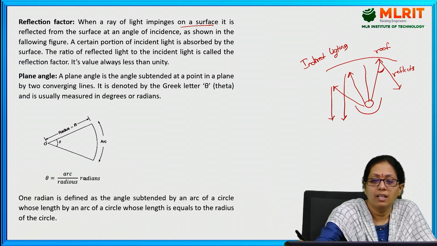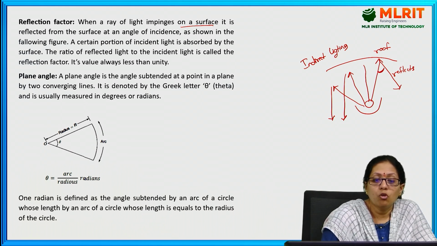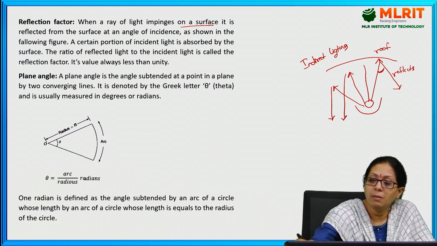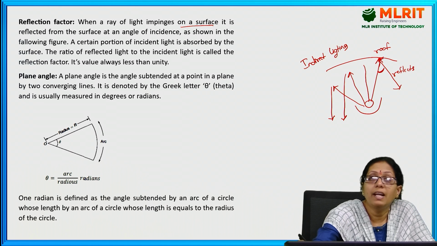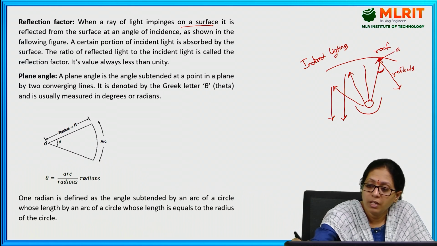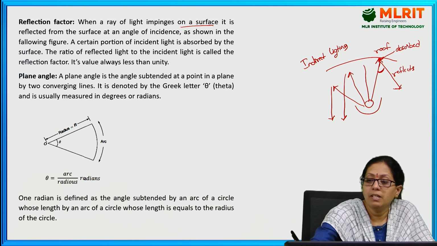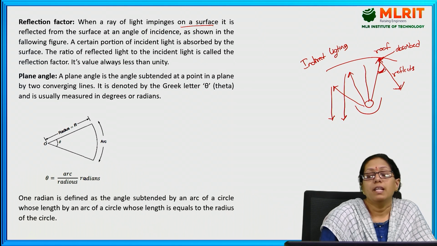A certain portion of incident light is absorbed by the surface. That means some amount of energy, some amount of light is being absorbed here, and the remaining light is being reflected here with an angle of incidence.